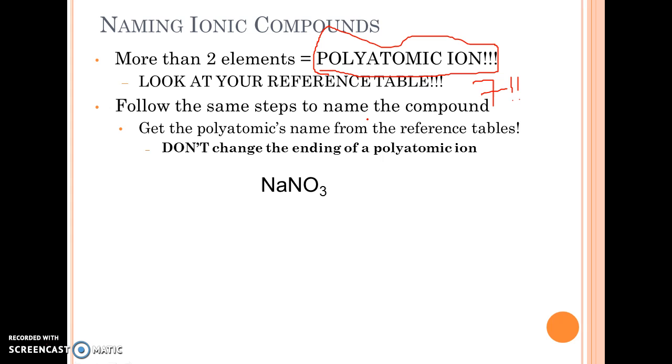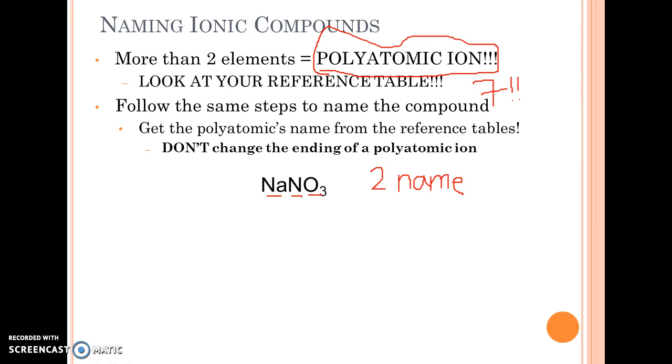So say, for example, we have NaNO3. Notice how we have 3 elements here. But with naming, you will only have 2 names for the most part. You should never at any point have more than 2 words written down for your name.